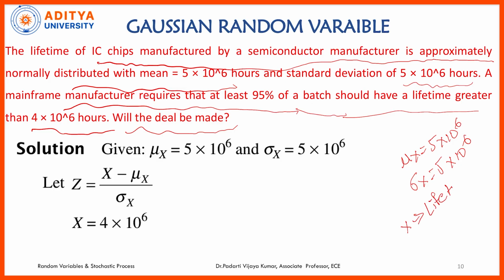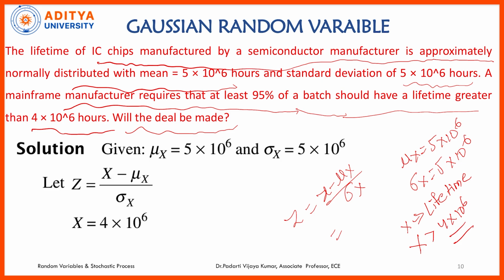Random variable x indicates the lifetime of the IC chip. First we will calculate z equal to x minus mu x by sigma x. Every time we will replace x with x minus mu x by sigma x. We make the Gaussian function into a normalized Gaussian function, and from the normalized Gaussian function we use the special function, the Q function, for calculation.